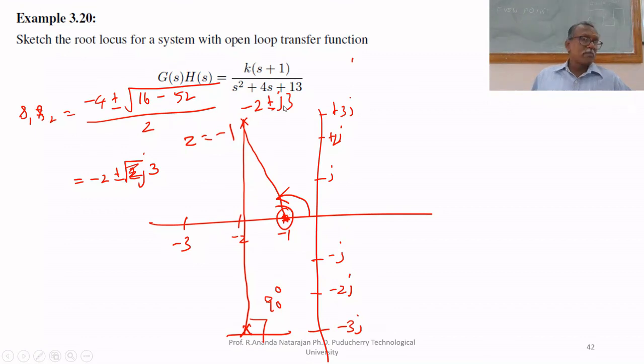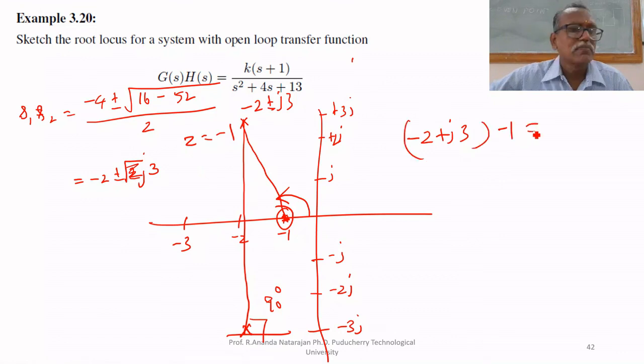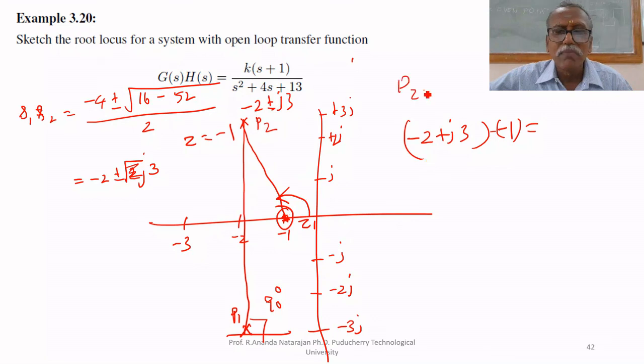Subtract from this P2 the zero Z1: P2 minus Z1 equals minus 2 plus 1 plus j3, that is minus 1 plus j3.